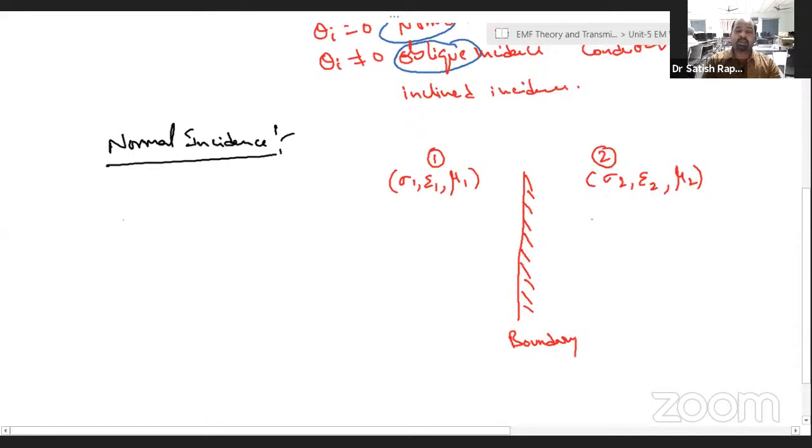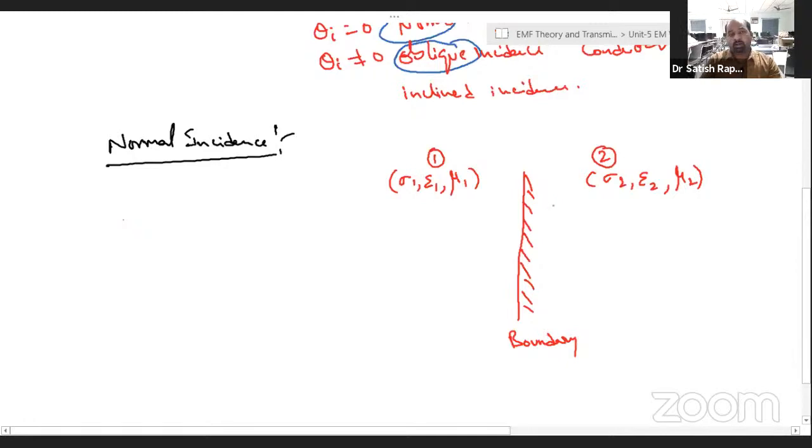Because earlier we have defined different media based on their characteristics. For example, free space: what are its characteristics? Sigma is equal to 0, epsilon is equal to epsilon naught, mu is equal to mu naught. Similarly, lossless dielectric: sigma is equal to 0, epsilon is equal to epsilon naught epsilon r, mu is equal to mu r mu naught.